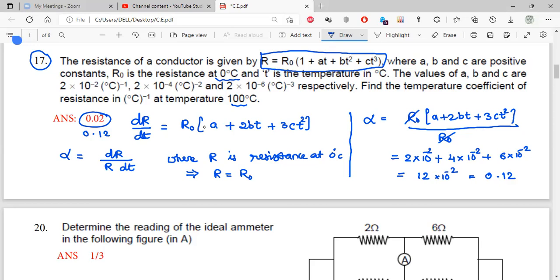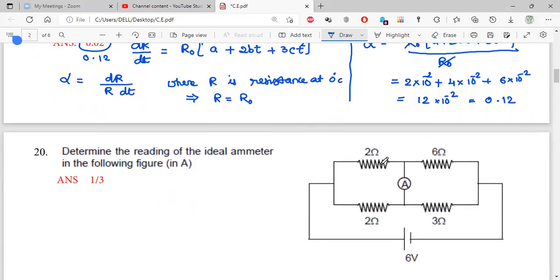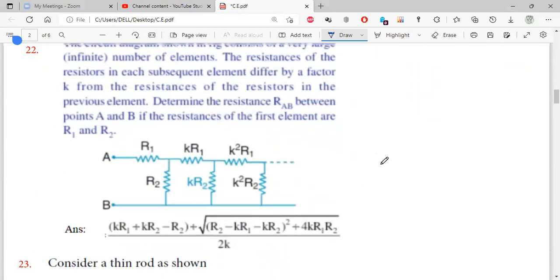He already said to find the temperature coefficient of resistance in per degree Celsius. That is how to solve these questions. Shall we try another one? If we find one, we will try. So we will search for another question.